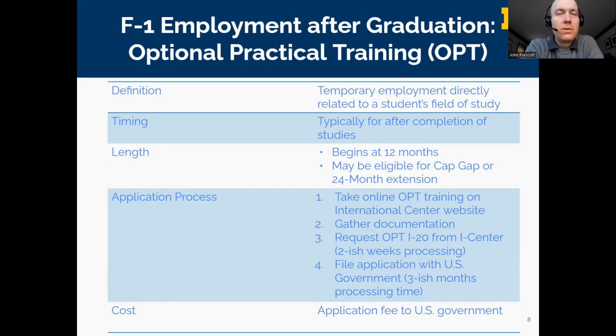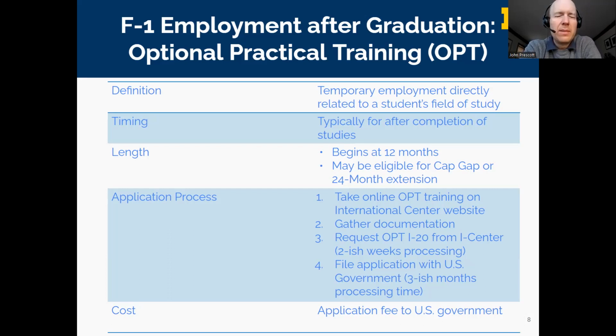The work that you do during OPT has to be directly related to your major field of study. That's an important detail. It's not a blanket work authorization to accept any form of employment. It does need to have a direct link to your major.